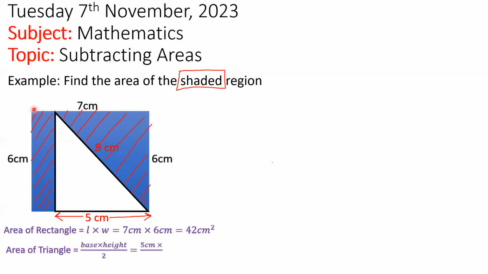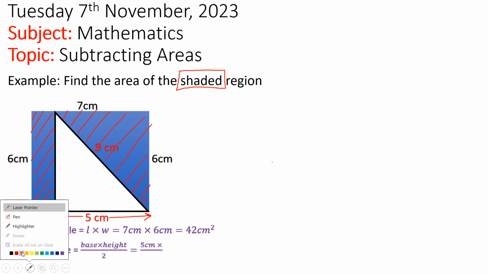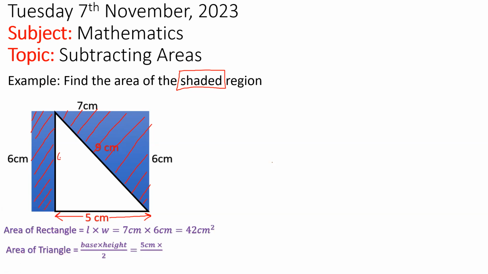Okay, so the width of the rectangle is 6 centimeters, and it's directly the same length as this, right? So both of them must be 6 centimeters. So the height is also gonna be what? 6 centimeters. You all see that? So both of them are 6 centimeters.